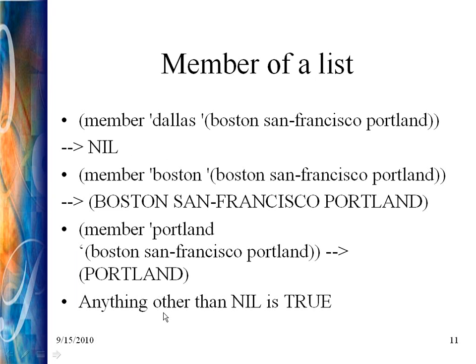And remember, anything other than nil is true. If member finds an item in the list, it returns a list starting from that element, and therefore it is returning a non-nil value. It's not returning the empty list because this element is there. And so anything other than nil is true.